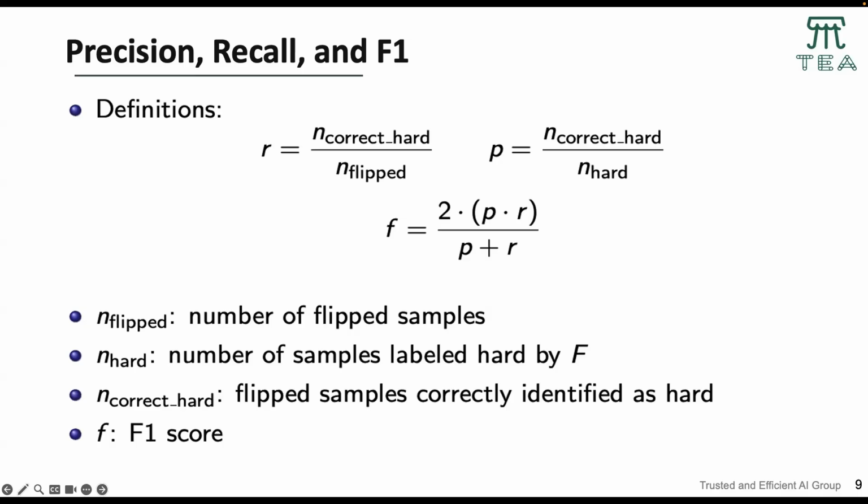We also have precision, which asks, out of all the samples we marked as hard, how many were truly flipped? Combining these two, the F1 score balances them. We don't only focus on catching everything, but we also don't want to be overly strict. So this is a balance spot.